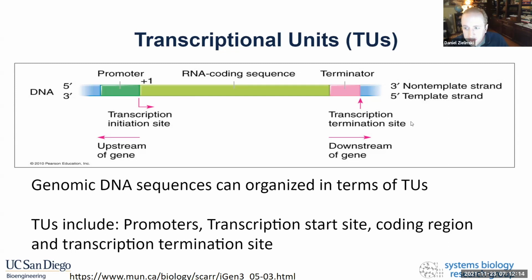So there's not this very clean textbook, one gene, one promoter, one mRNA understanding. Instead, there's quite a complexity here. So organizing these transcription units is one really useful principle for making sense of mRNA expression data and these different data types that we'll be talking about shortly.